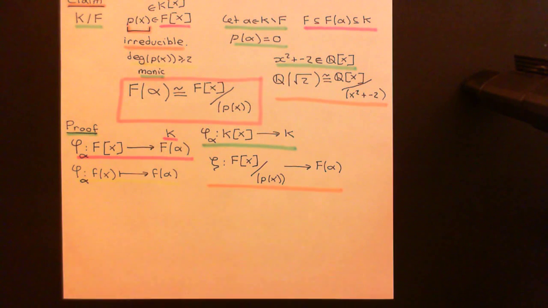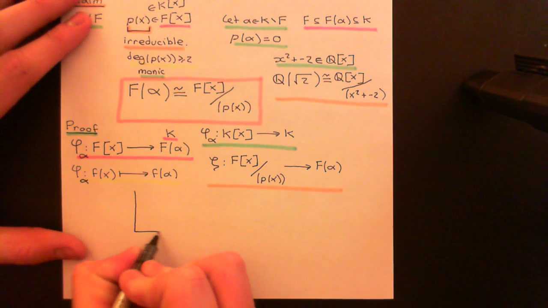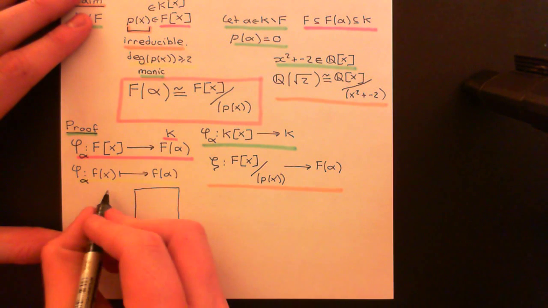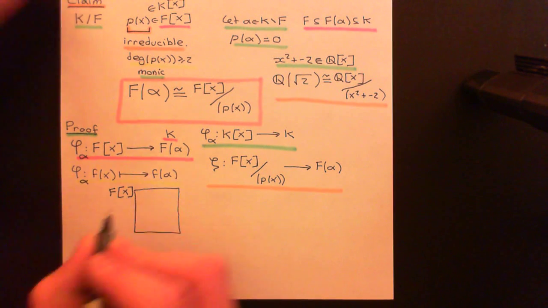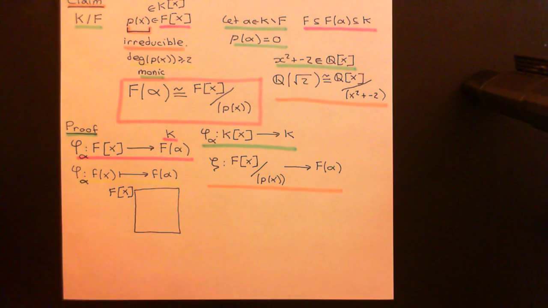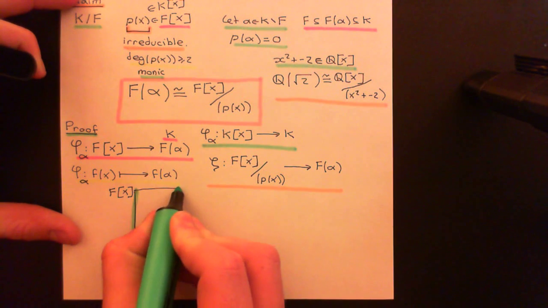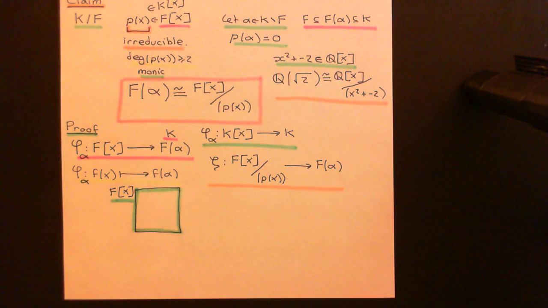So, firstly, let me show you how this is going to work, and you can't do this without a picture. Let's firstly draw a picture of this mapping here. This is going to be the ring of polynomials with coefficients in the field capital F, and we'll denote this in green here. It's actually because we're going to have to do the additive and multiplicative compatibility arguments soon.